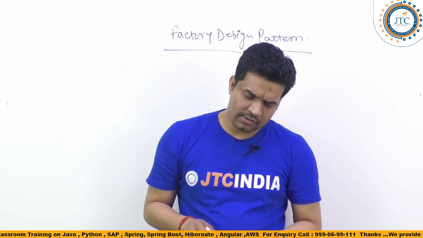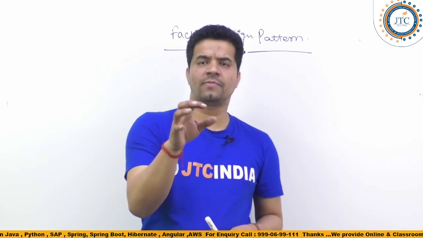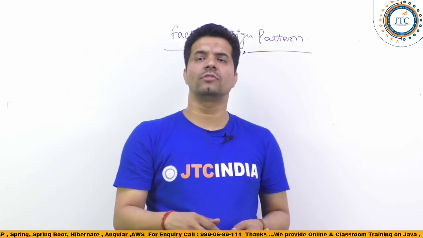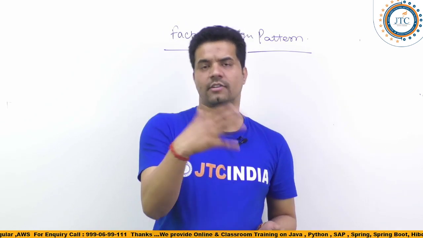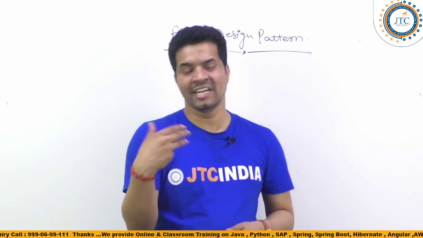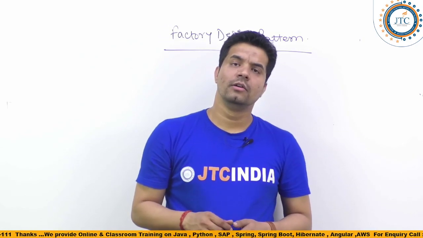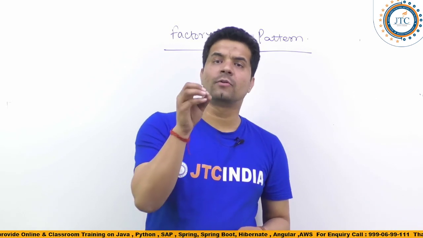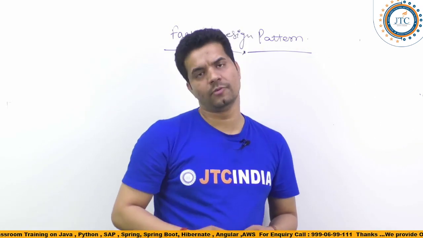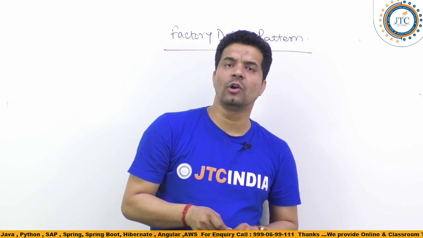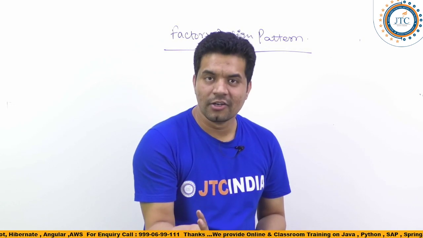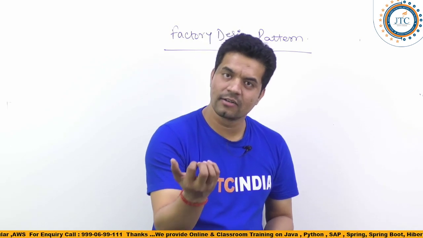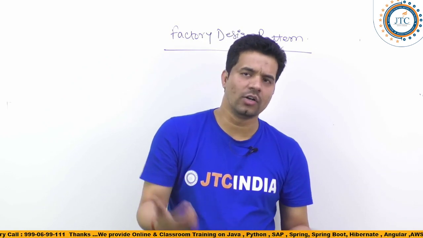So what we want is that by using this factory design pattern, we are trying to get a new object by providing a simple input. We are saying that we want this, so without providing any raw material, you will be able to get that particular item whatever you want, right?